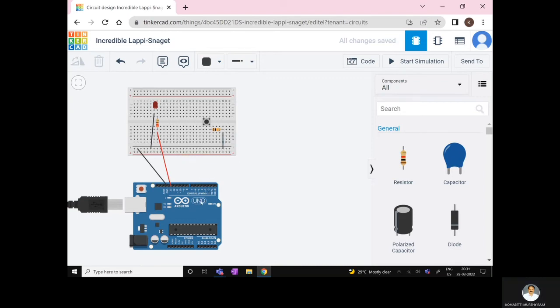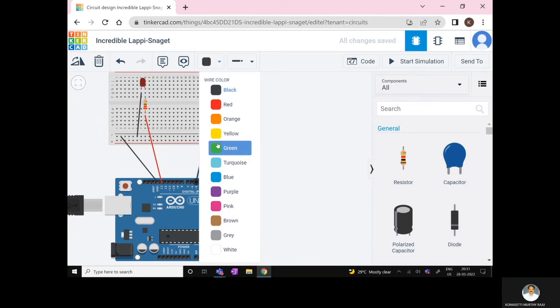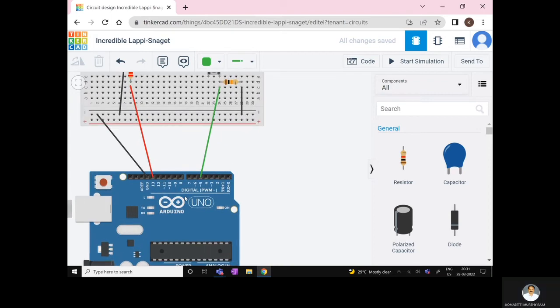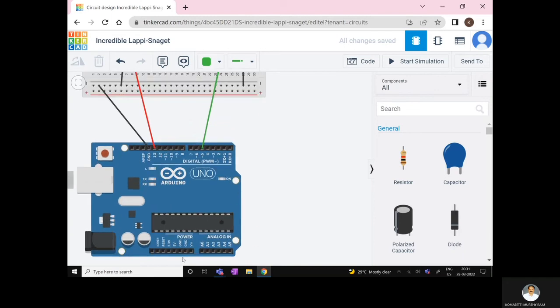And the fifth pin, input pin. This fifth pin is connected to this one. And 5 volts. This one is the 5 volt source.